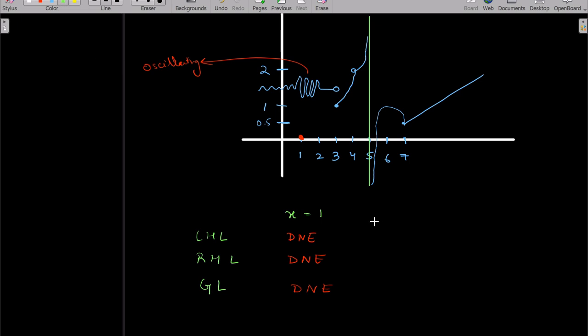Okay, now let's talk about x is equal to 3. We have to find out the left hand limit and right hand limit separately. So you want to approach 3 from the left side. What's the value of the function when you're coming from the left side? See, this is the graph.